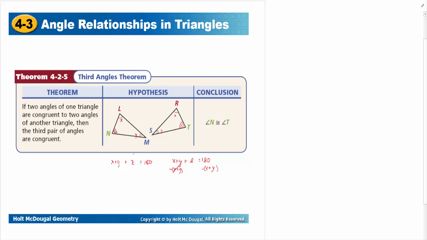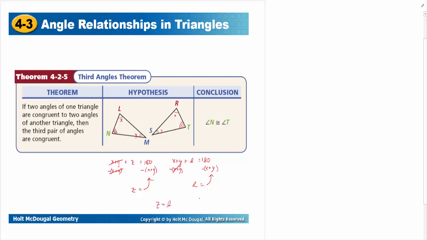I do it over here. Same thing over here, minus X plus Y. You'll see that I get Z equals that, and I get L equals that. And so if those are equal to the same thing, Z equals L.